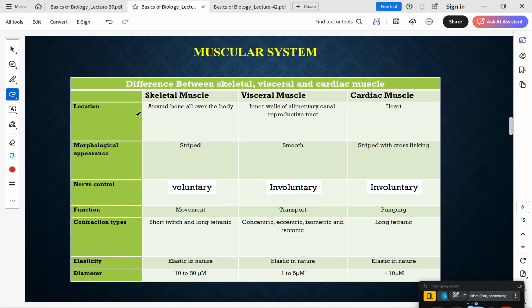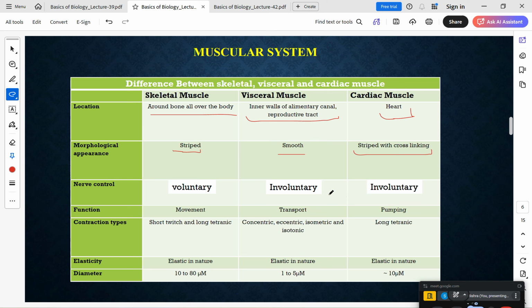So major differences: skeletal muscles are around the bone all over the body, whereas visceral muscles form the inner walls of hollow organs, and cardiac muscles form the heart. The morphological appearance in case of skeletal muscle is striped, visceral muscle is smooth, and in case of cardiac muscle it's striped with cross-linking.